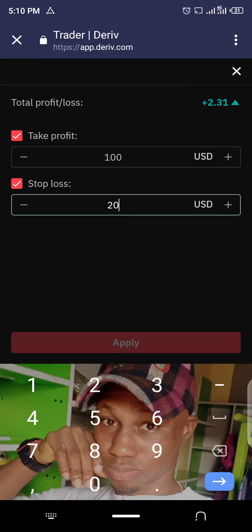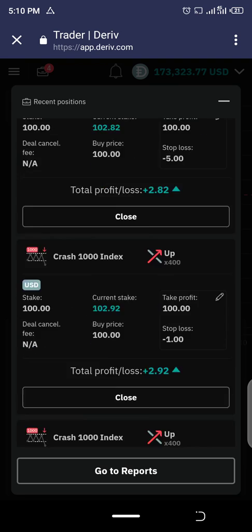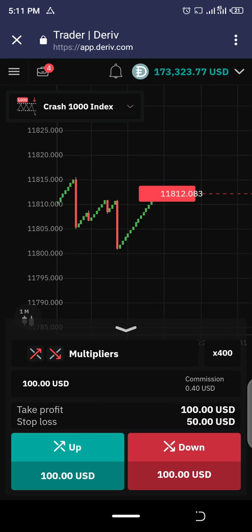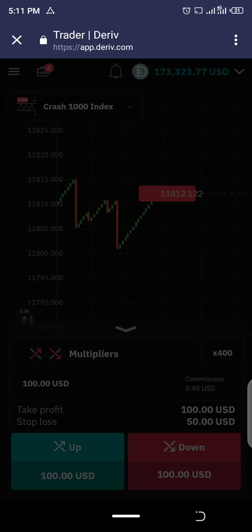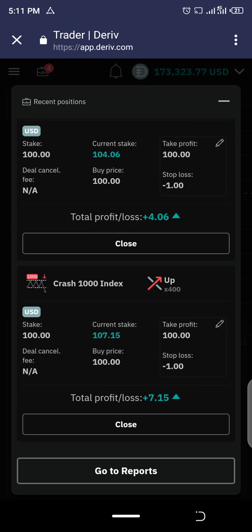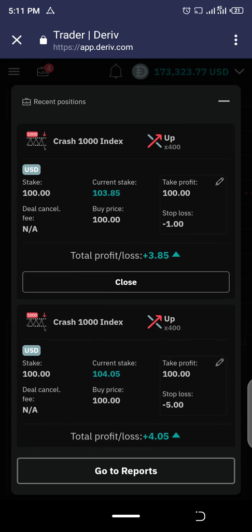You can try it out and check how it works, because I wouldn't know if when it crashes it's going to make the balance cry the way it does on the MT5. But if it doesn't, if it just hits this stop loss and then comes to a halt, it means a lot of good news for traders. But if it's based on the volume it crashes with on this particular interface, and it makes the balance cry as well, then traders need to just adjust to it.